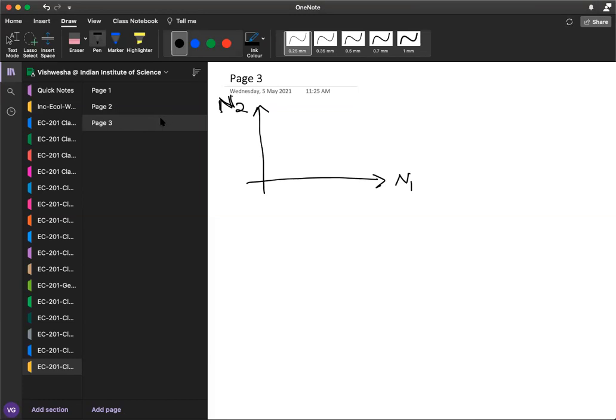If I know the growth rate at every point in this N1, N2 space, wherever the growth rates are 0, those will correspond to equilibrium. Do you agree with that? And looking at the overall flow of the growth rates in this N1 N2 state space, we will know whether such an equilibrium is stable or unstable.